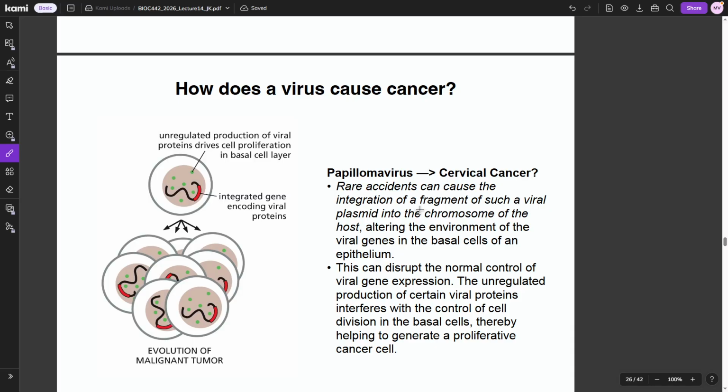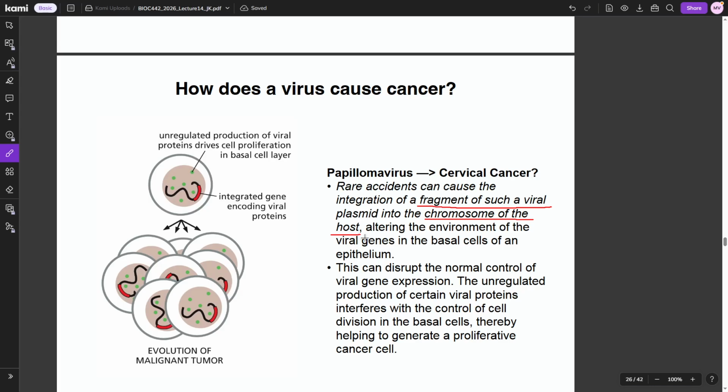there are cases where the integration of a fragment of this viral DNA can disrupt normal control of gene expression, right? So you can see here, rare accidents can cause the integration of a fragment into the chromosome of a host, which alters the environment of the viral genes in the basal cells of the epithelium.